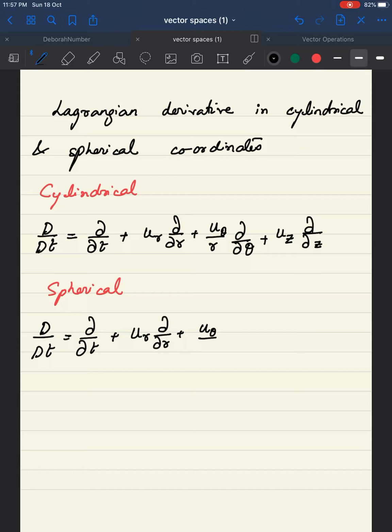The third term is identical to the cylindrical coordinate system, and then finally it's the last term that changes a bit. So this is now sine theta phi, right? You've probably done this before for some other problems.